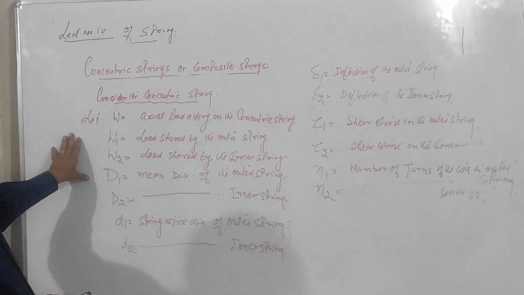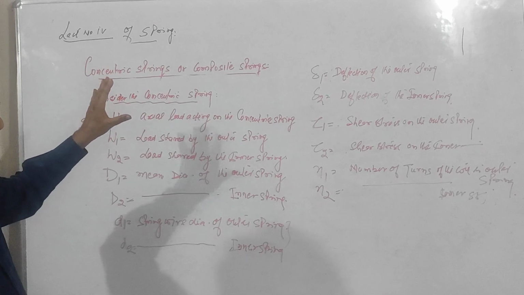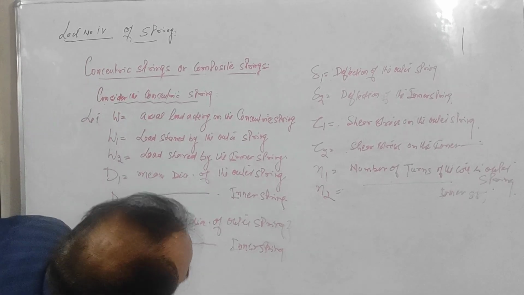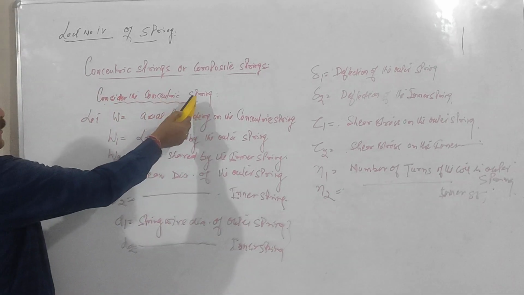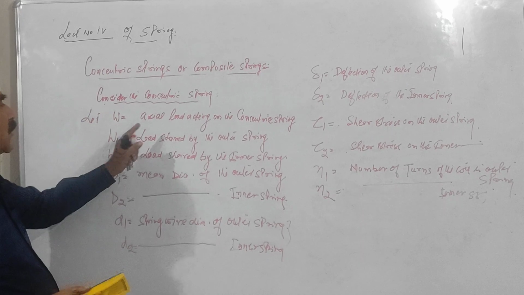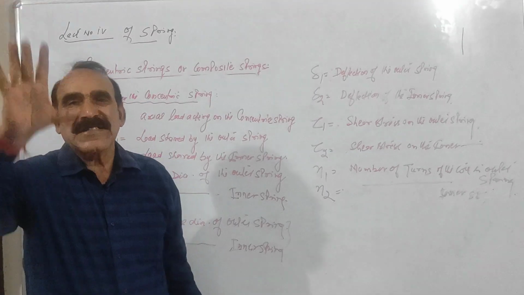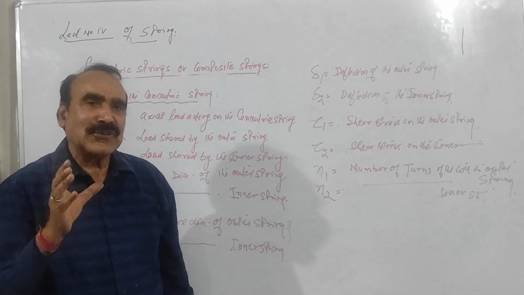Now we have to design the concentric or the composite springs, right, of the same material. I think you must write down these things. W is the total load which is acting on the concentric spring.